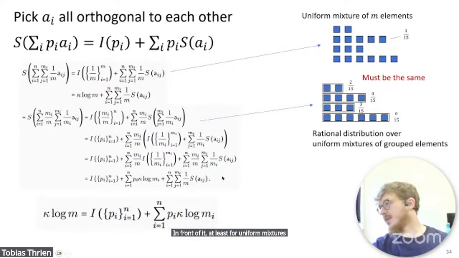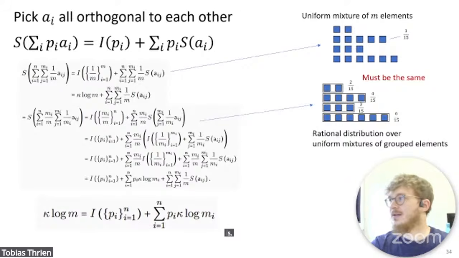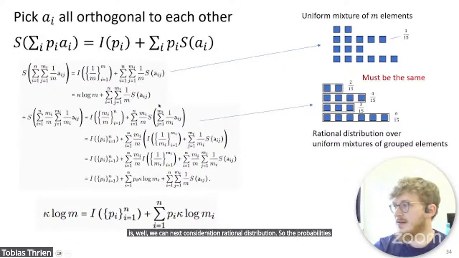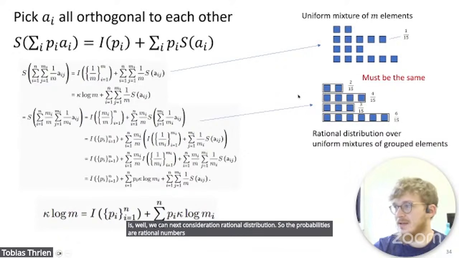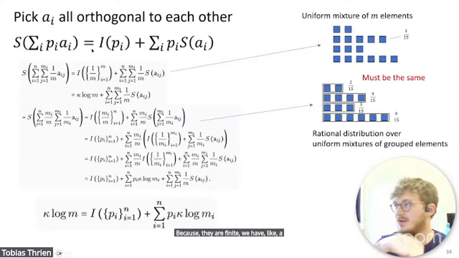And then the next step is, well, we can next consider rational distributions. So the probabilities are all rational numbers. And then because they are finite, we have a lowest common denominator.